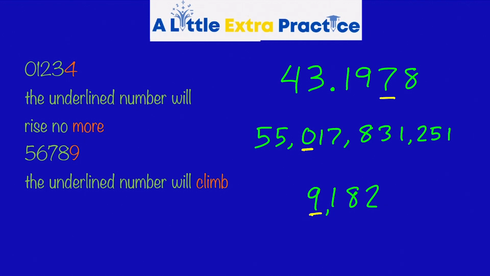I'll circle the number to the right, which is an 8. 5, 6, 7, 8, 9, the underlying number will climb. This becomes an 8. And we have 43 and 198 thousandths.